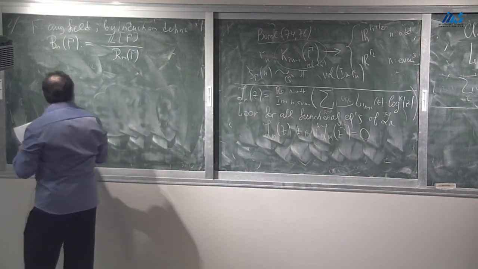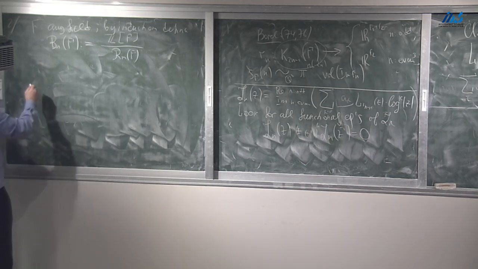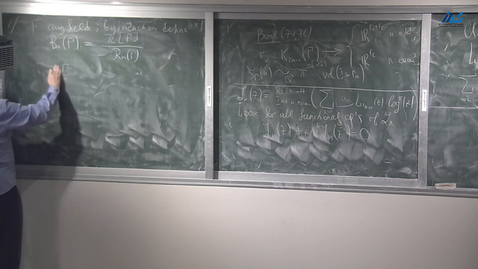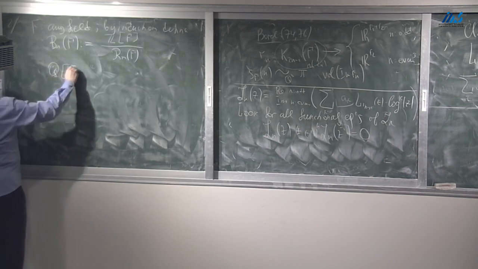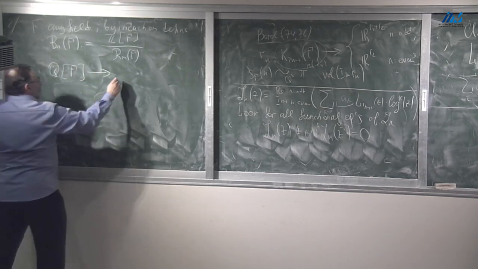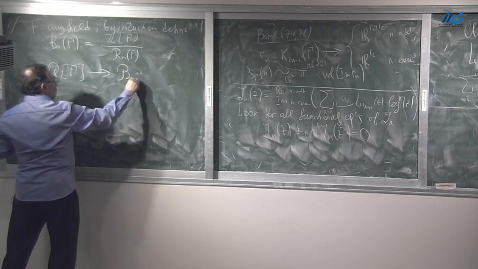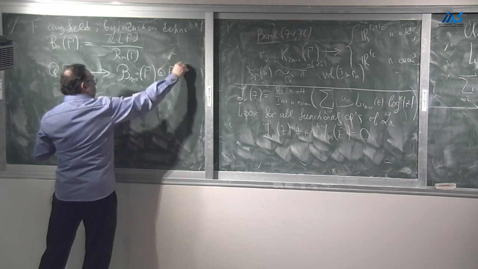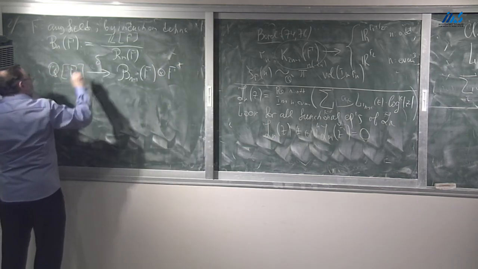Now it has a definition. We define it as follows. We consider a map, let's do it with Q coefficients, from Q of F to Bn minus 1 of F tensor F star. Let's call this map delta.